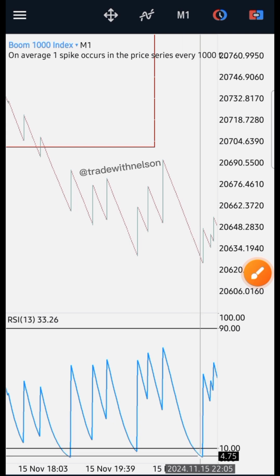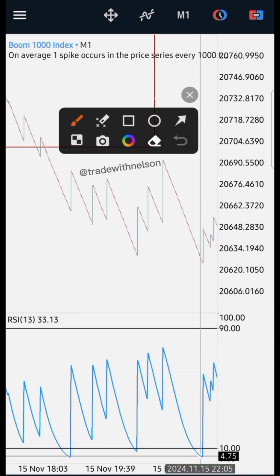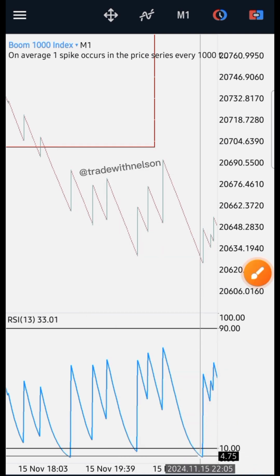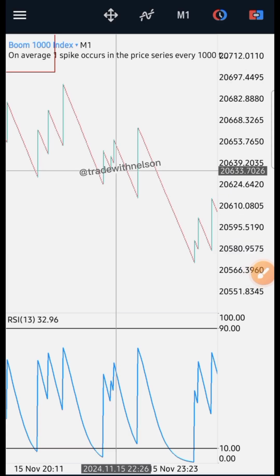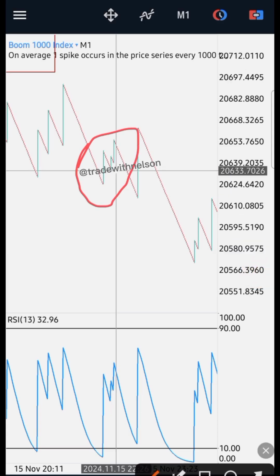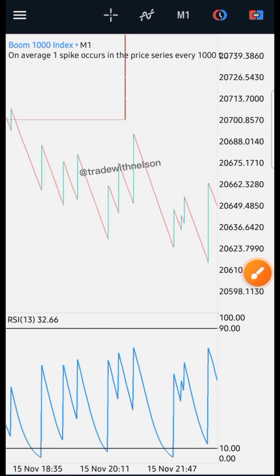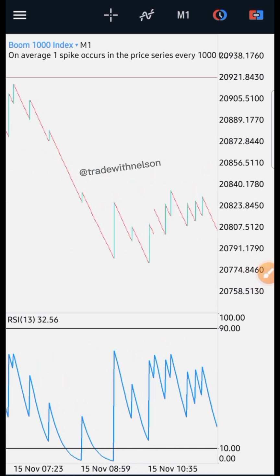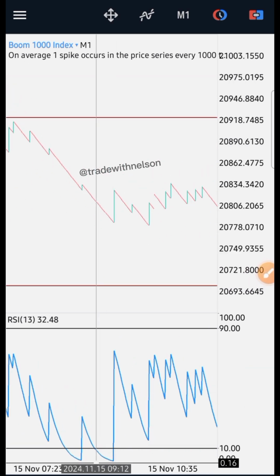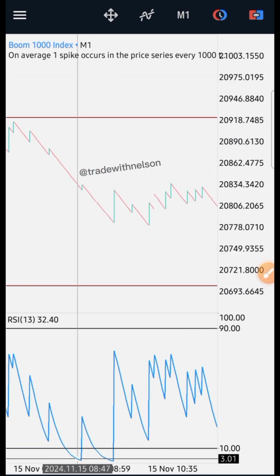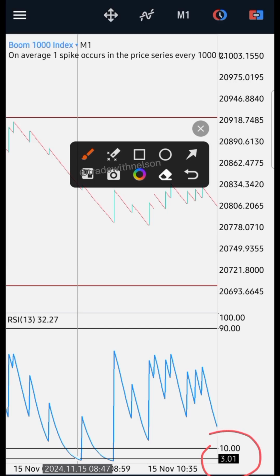So if we go here again, we see that this one also occurs at 4.75, enabling us to cash all these moves, this one that you see over here, before the retracement. If we still go back to check, we see that this one gives us 3.10.